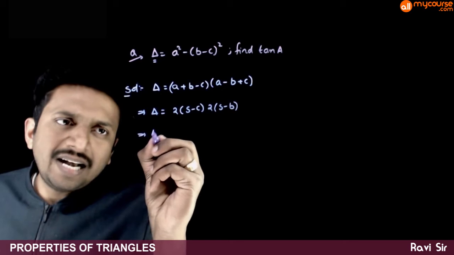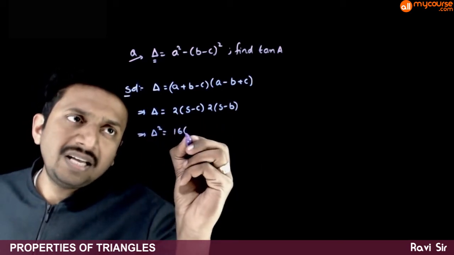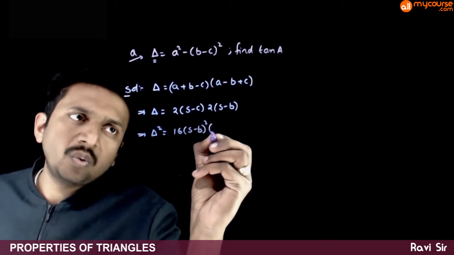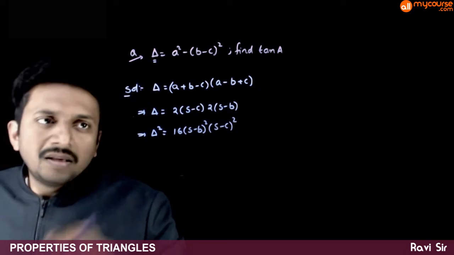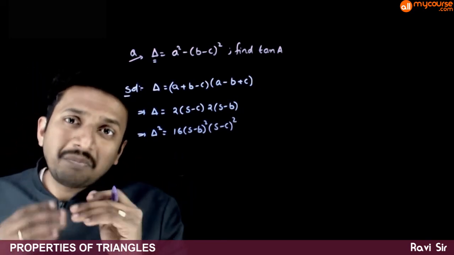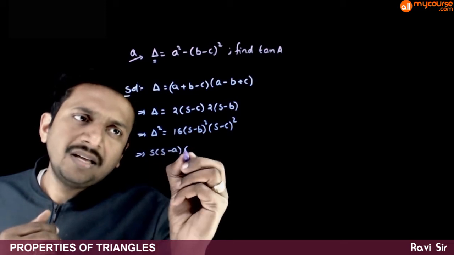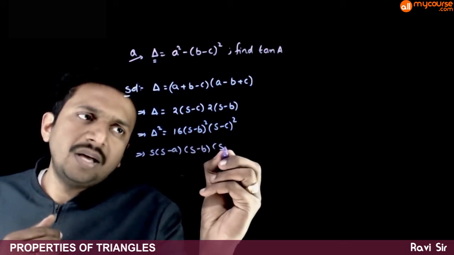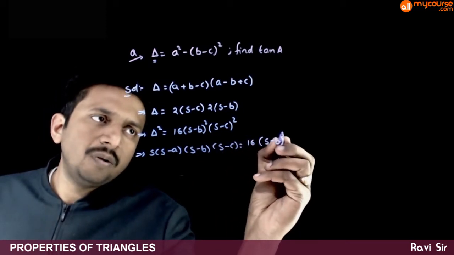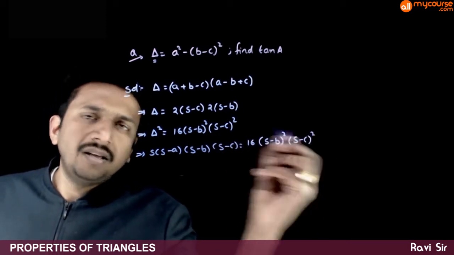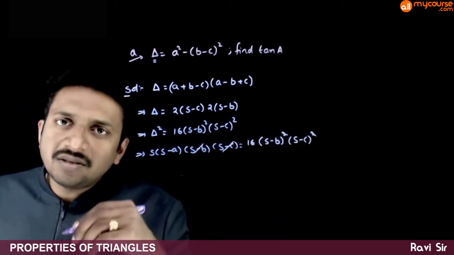So this implies delta square is equal to 4 square, that is 16 times (s minus b) whole square into (s minus c) whole square. Delta square is nothing but, by Heron's formula, s into (s minus a) into (s minus b) into (s minus c), which is equal to 16 times (s minus b) whole square into (s minus c) whole square. So one (s minus b) and (s minus c) are getting cancelled.